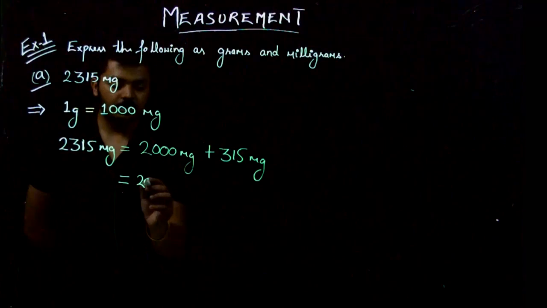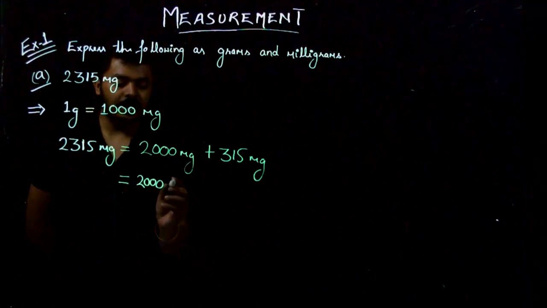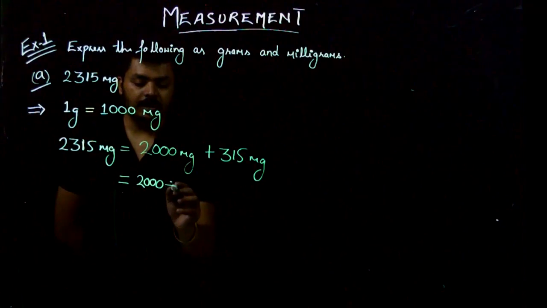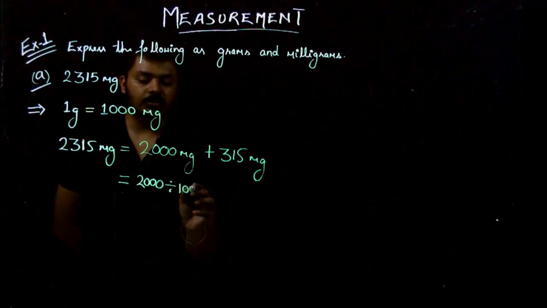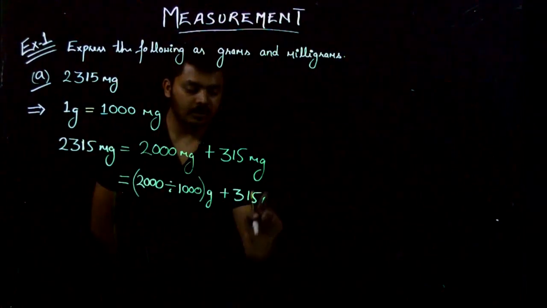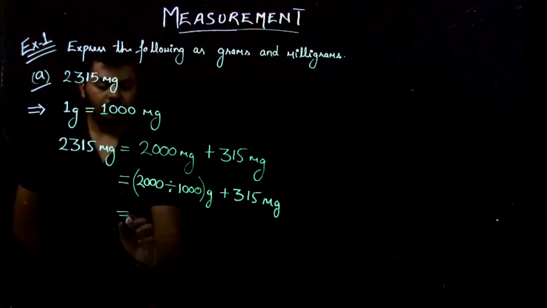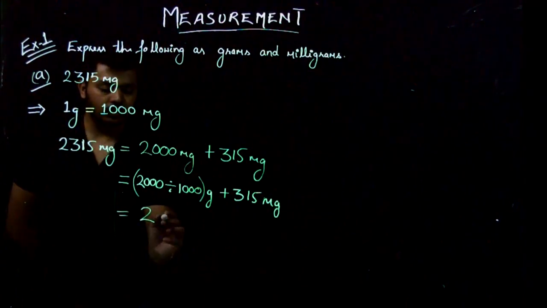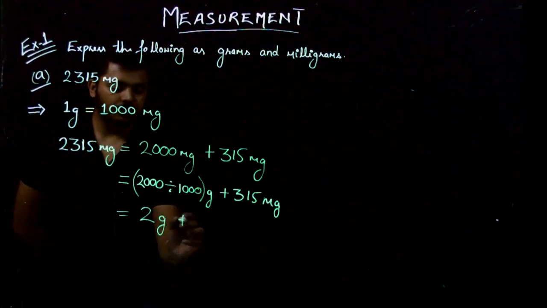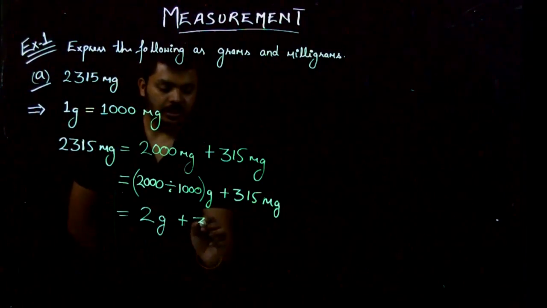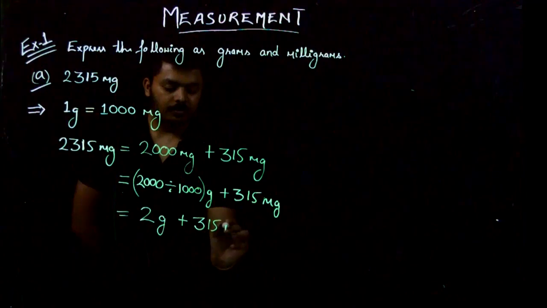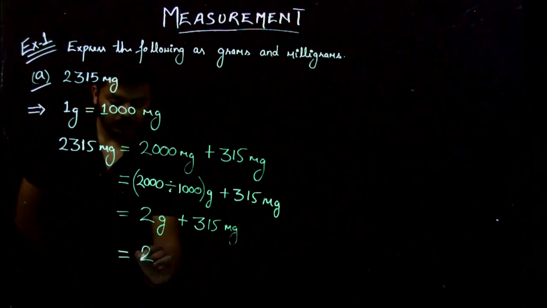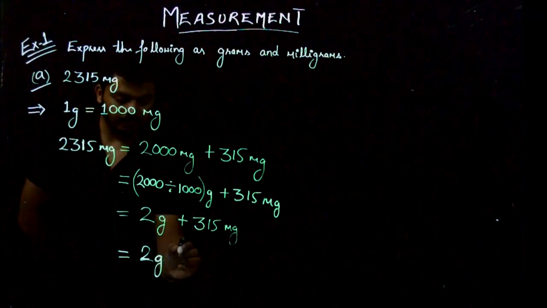So to convert, since 1 gram is equal to 1000 milligrams, we divide by 1000, plus 315 milligram. Now when we divide 2000 by 1000, we get 2 gram plus 315 milligram, which can also be written as 2 gram 315 milligram.